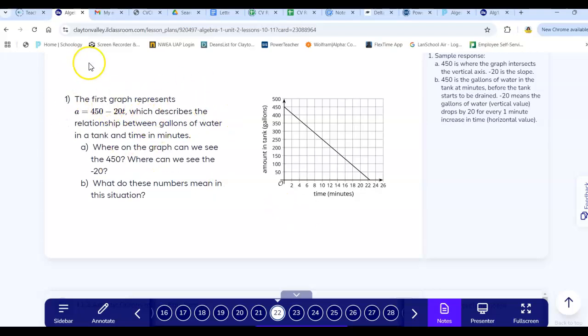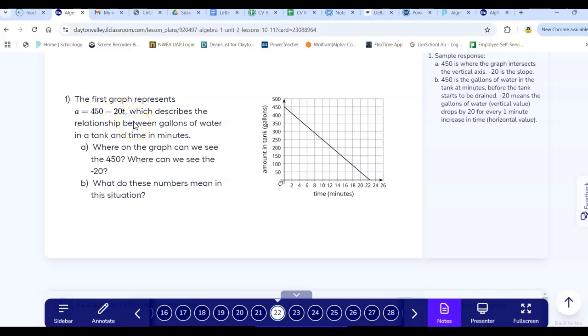So they're going to tell you here that this first graph represents the relationship between the gallons of water in the tank and time in minutes.